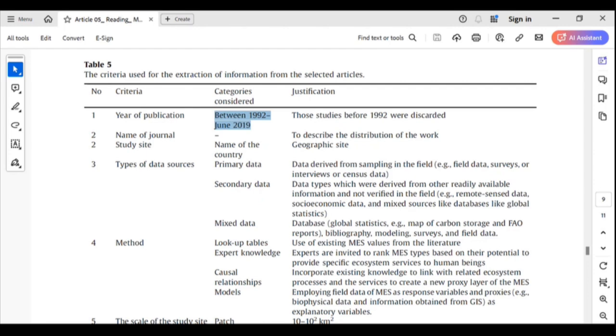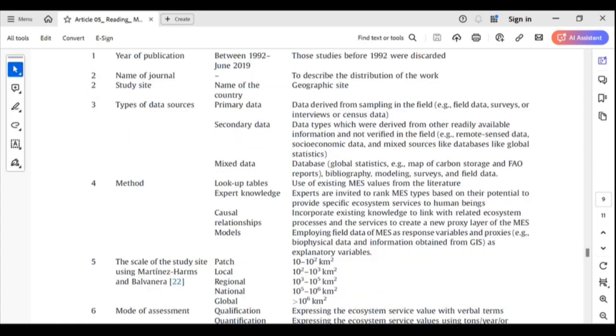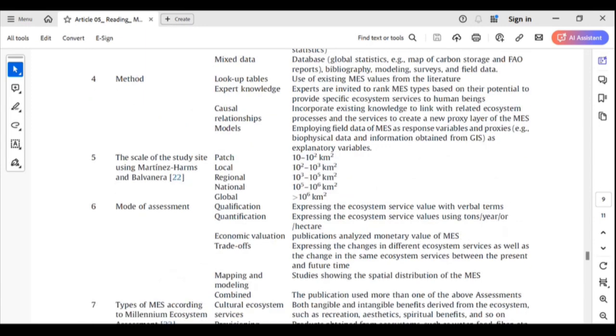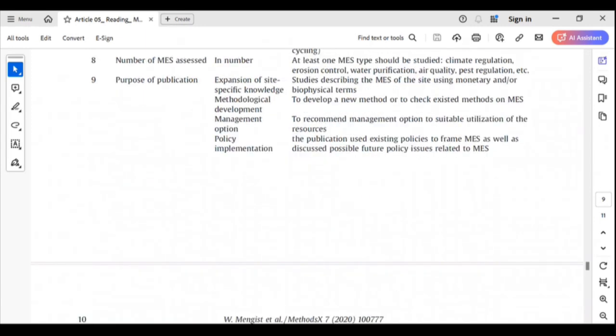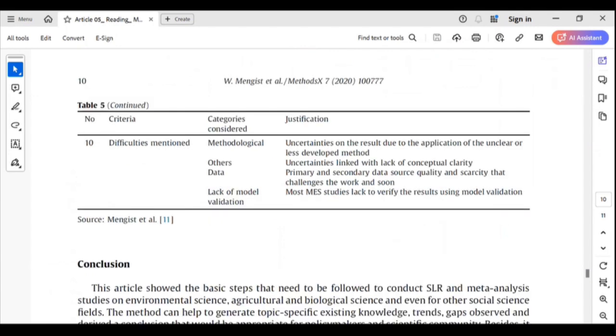So you search from 2020 to 2024, right? If today is about July, then you may want to start from, okay, 2019 to 2024, right? It's up to you. You search from the most recent first. After that, then you only search general, right? So name of the journal, and the type of data, either primary or secondary, and the method, right? All these are very, very detailed and systematic searches.